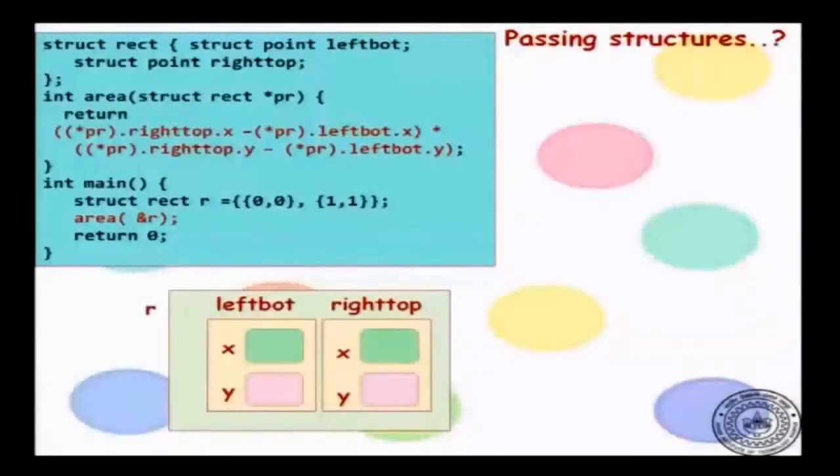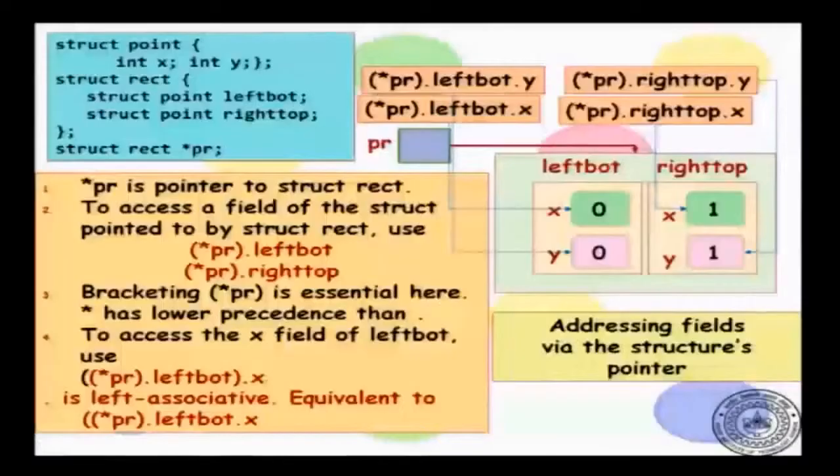Now, regardless of the size of the structure, only one pointer is copied. The same principle goes for returning structures as well. When you return a structure from a function, what you would do is to return a pointer to that structure. Of course, now the structure has to be allocated on the heap rather than the stack.